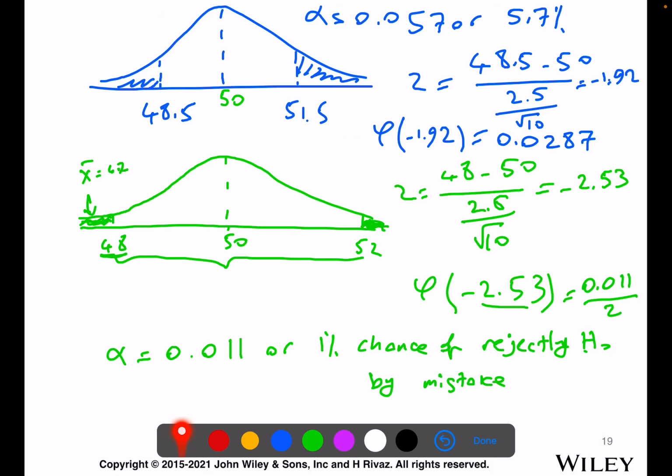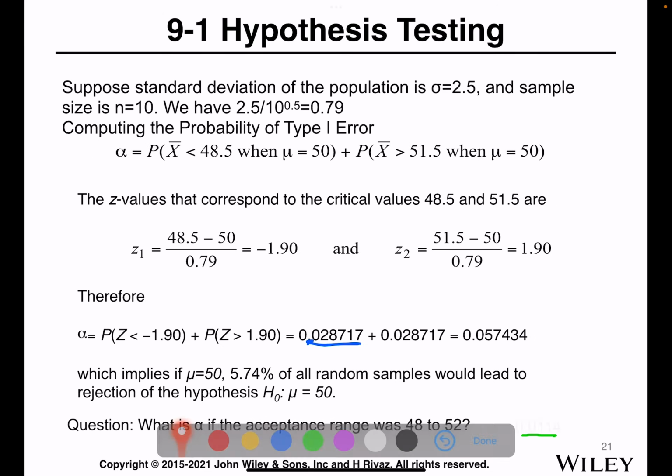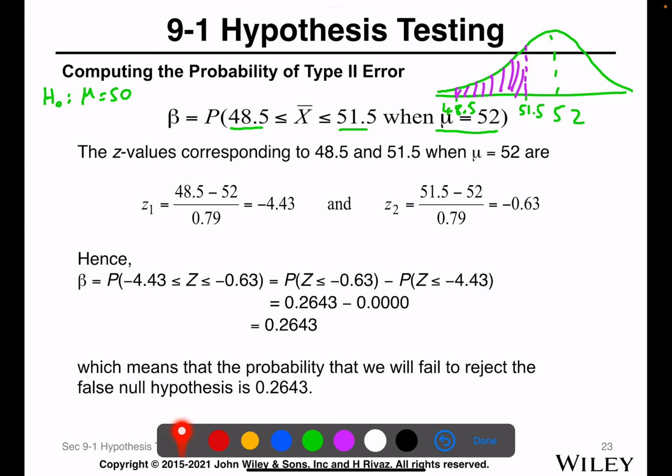Okay. So basically my mu is 52, right? This is the true mean, that's unknown. And my null hypothesis was that mu is 50, right? And I want to calculate the probability of type 2 error.